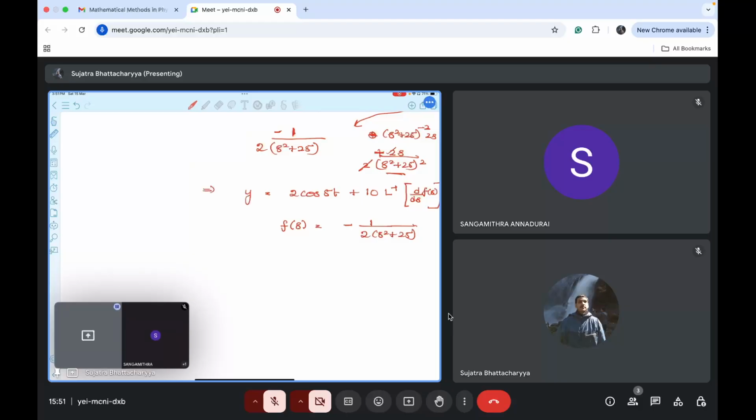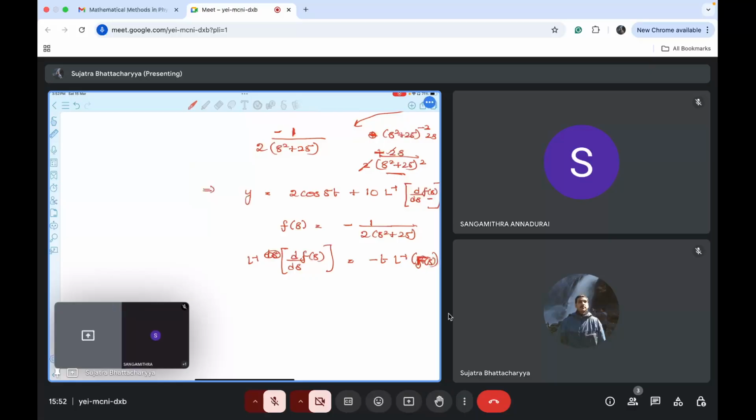Now, what we can look into is that the d/ds of f of s we have reduced already. So we know that d/ds of F(s), if you take its Laplace inverse, then what you get is minus t times L inverse of F(s), that is, the small f of t. This is the property.